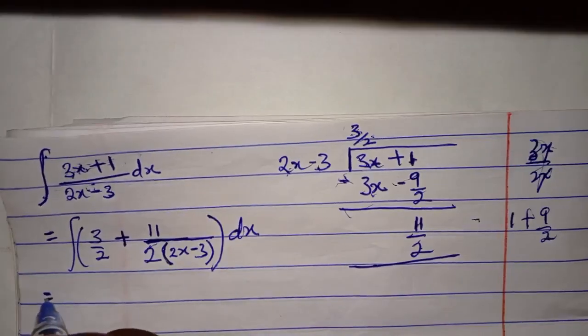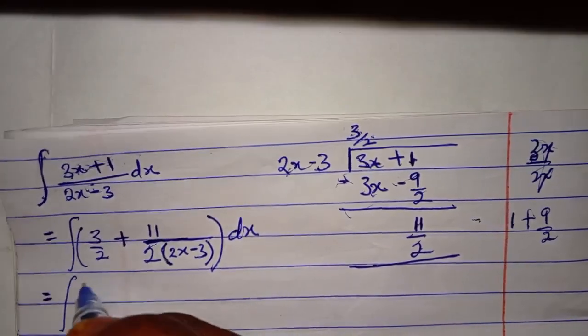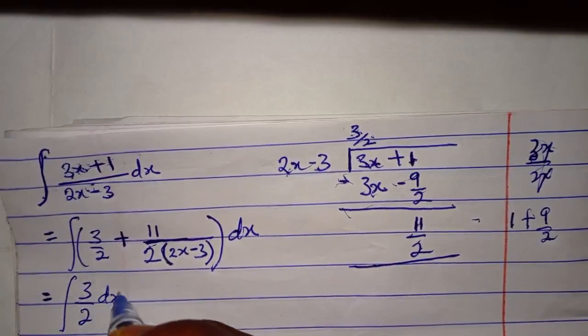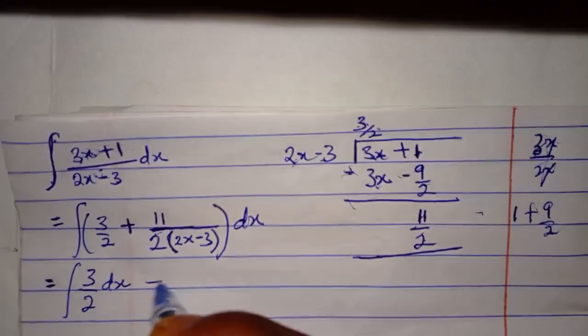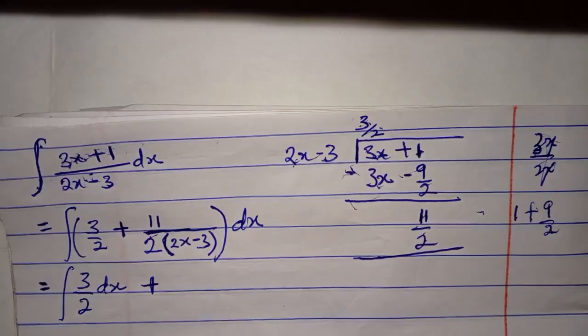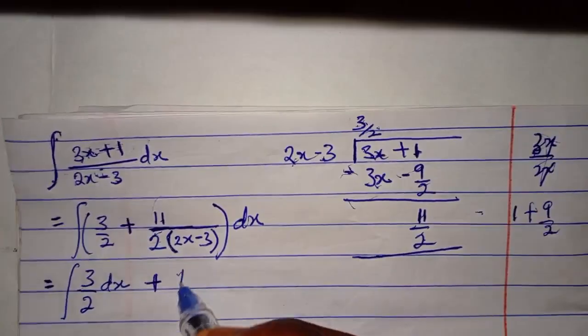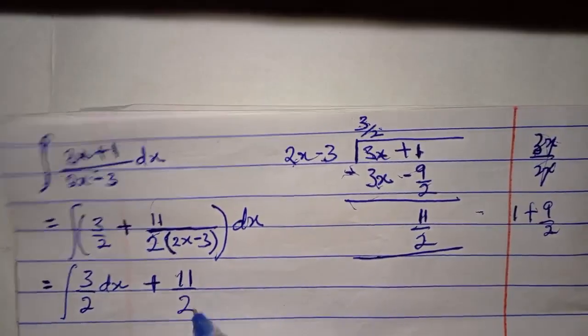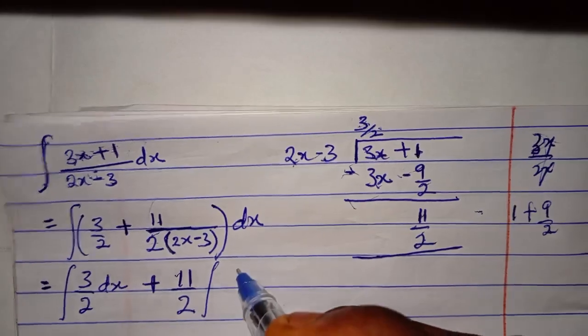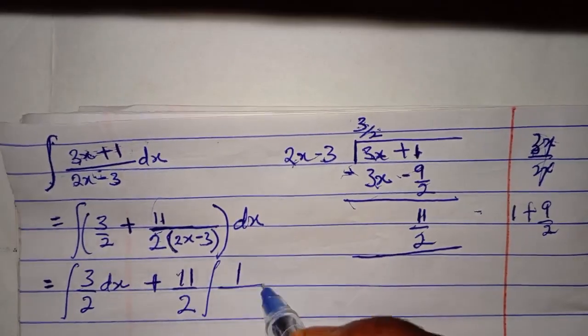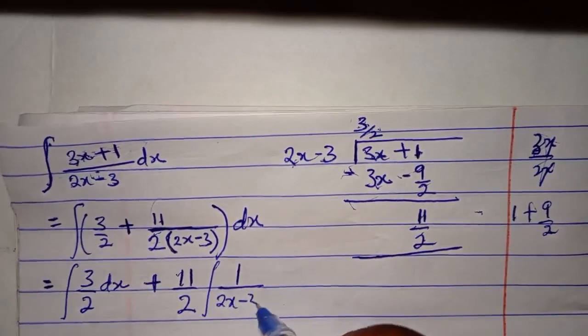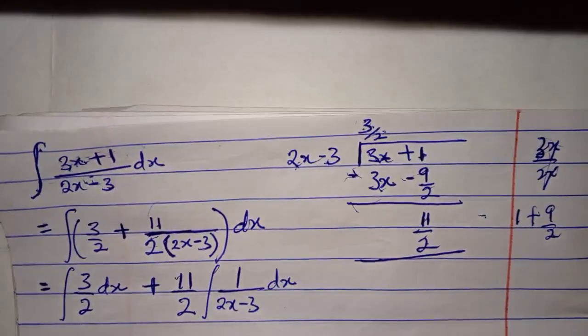If we split it to be the integral of 3 over 2 dx, plus, if I'm taking the integral of this, I want to bring 11 over 2 out because it's a constant. 11 over 2 into the integral of, we now have 1 all over 2x minus 3 dx.